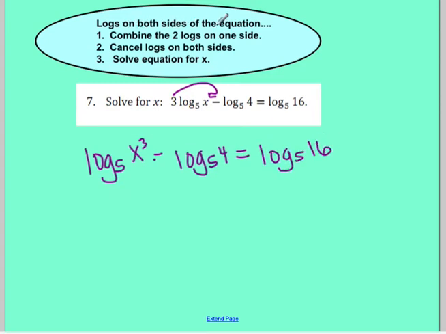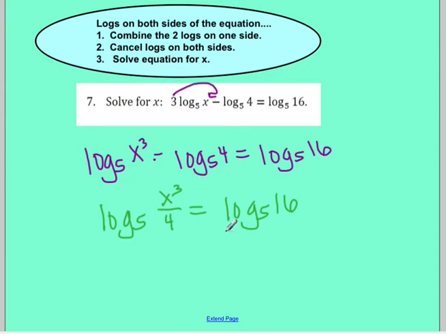Well, I need to combine the two logs on the one side. So on the left-hand side, it's subtraction, so I can rewrite it using division. So it's log base 5 of x to the third over 4 is equal to log base 5 of 16.